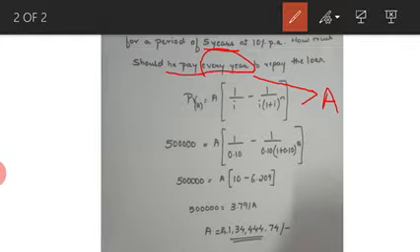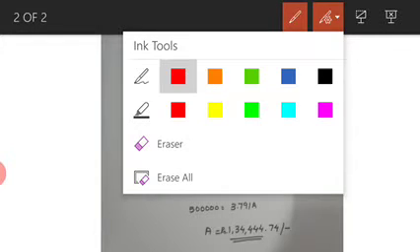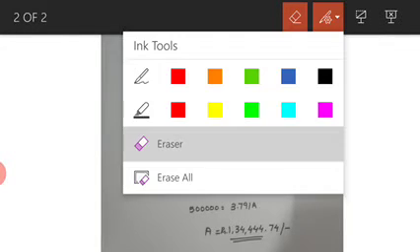So if we substitute the values, be careful when you are substituting. What is given to us? The present value of annuity, that is the loan amount of 5 lakh rupees. We do not know what A is, so let us keep A as it is.